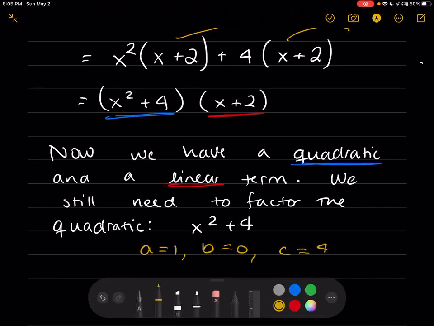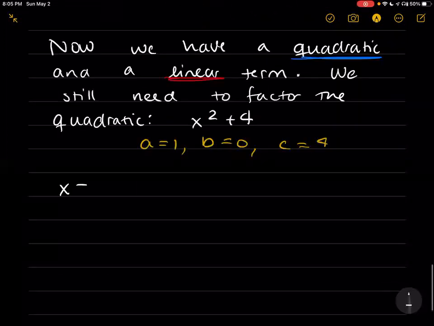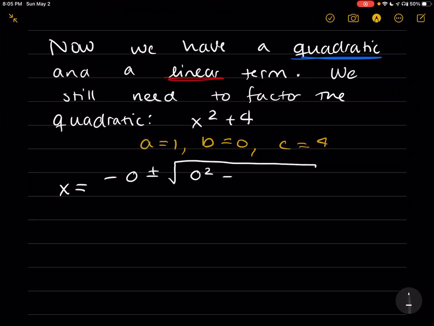So when I use the quadratic formula to find the roots, and finding the roots will help us find the linear factors, I think that's going to be negative b, which is 0, plus or minus the square root of b squared, so that's 0 squared, minus 4ac, so it's 4 times 1 times c is 4, all over 2 times a, so that's 2 times 1.